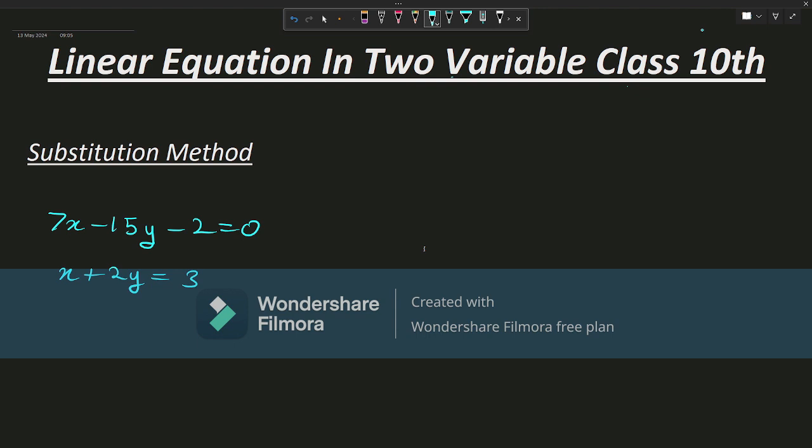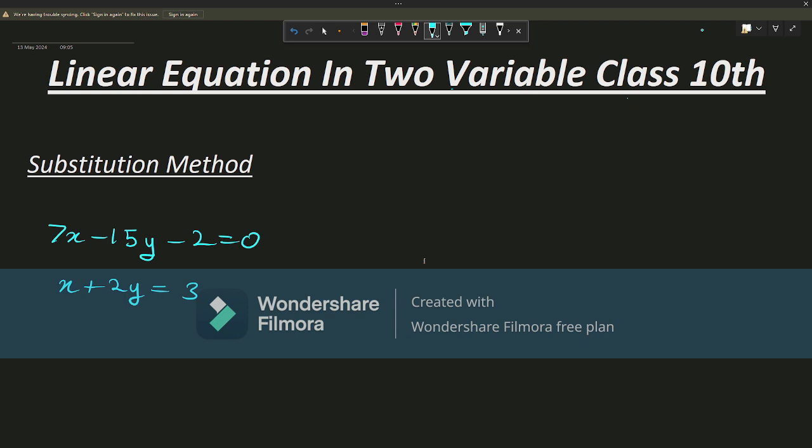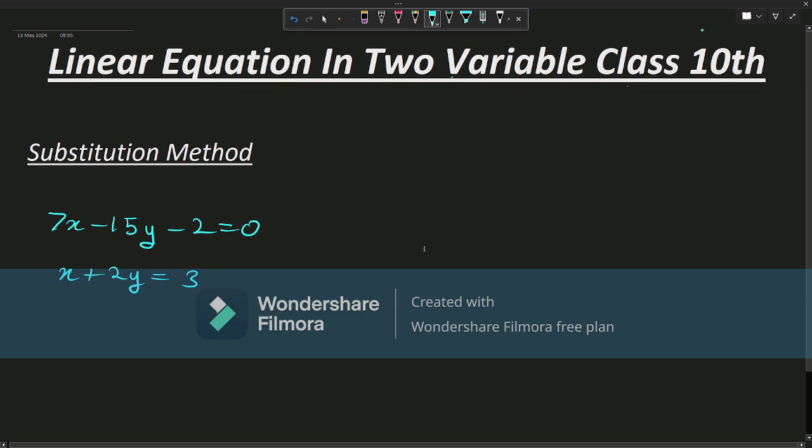Here you have to select the smaller equation. Don't go for 7x minus 15y minus 2 equal to 0 because that would be a bit complicated, and there are more chances of making mistakes. So take the small equation, that is x plus 2y is equal to 3.